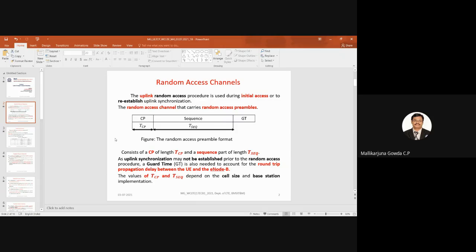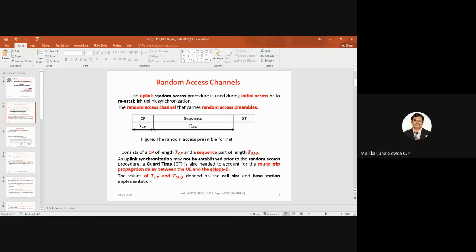Let us understand what it is and what it contains. The uplink random access procedure is used during the initial access or to re-establish the uplink synchronization.